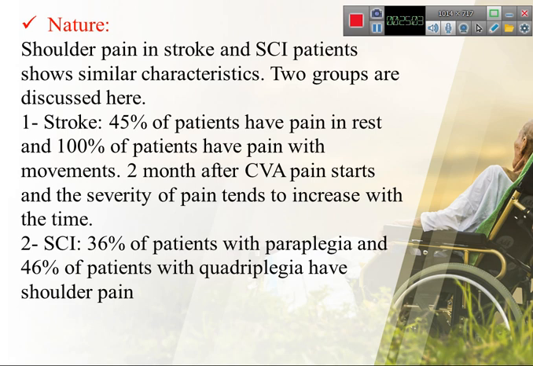In SCI patients, in paraplegia patients, 36% have pain. 46% of patients with quadriplegia have shoulder pain. So, shoulder pain in quadriplegia is much more common than paraplegia.